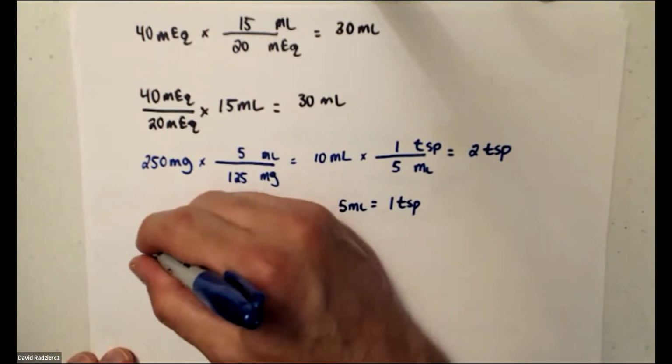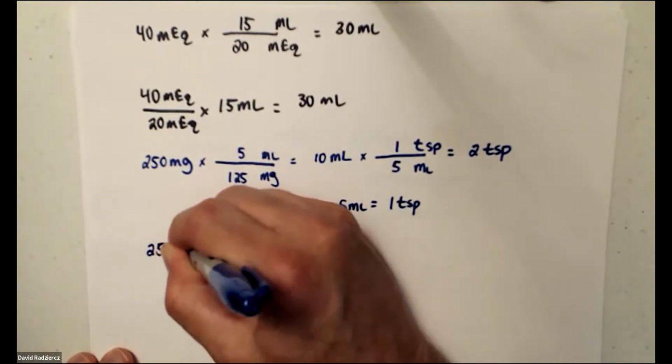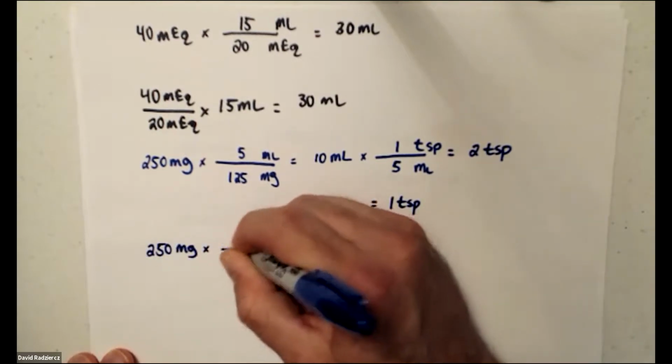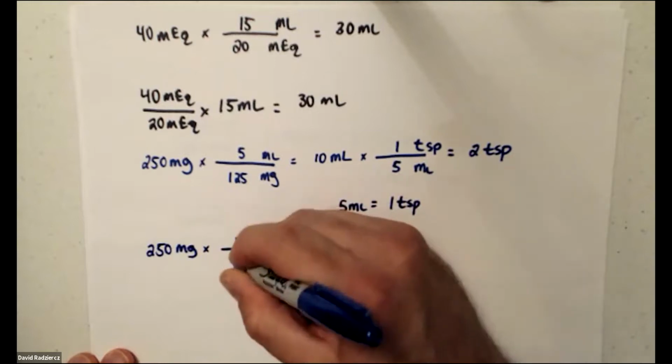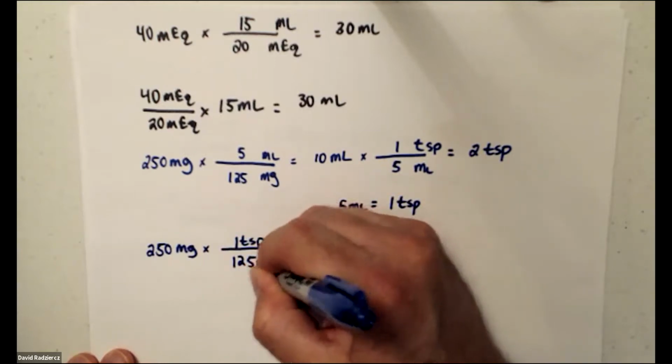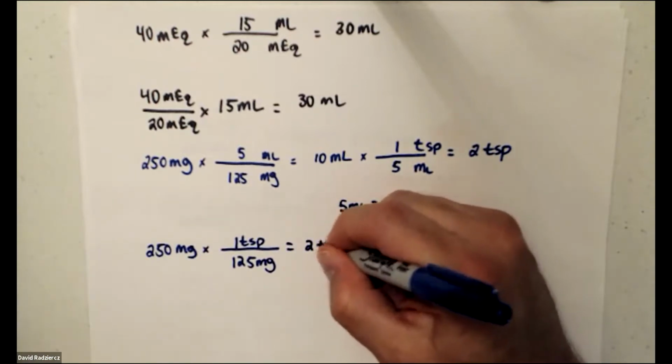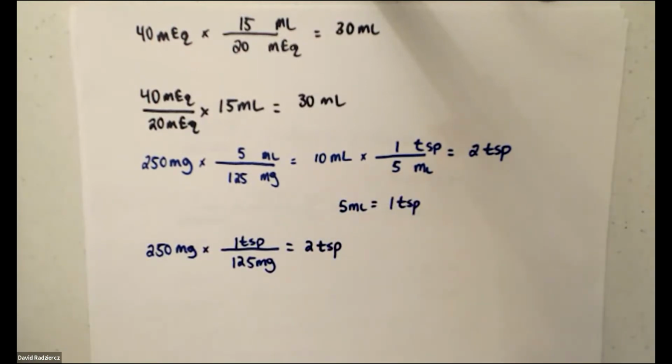And the answer is, yeah, you could have set this up like this: 250 milligrams times 1 teaspoon over 125 milligrams, just by doing a simple substitution. And I would have gotten the answer I wanted, which was 2 teaspoons. So again, just a variety of ways to show you how to do this stuff, guys, to get your mind thinking.